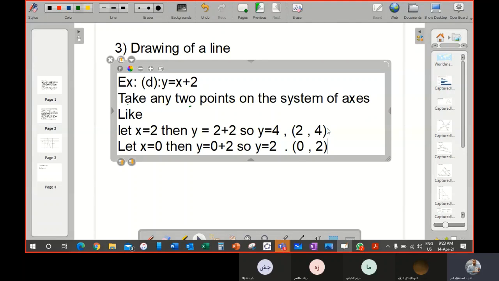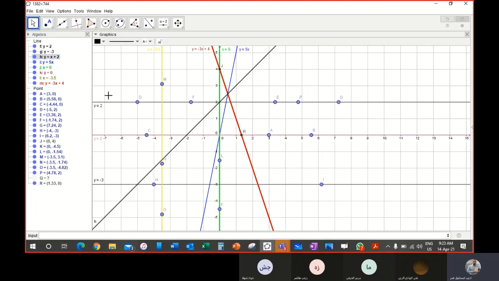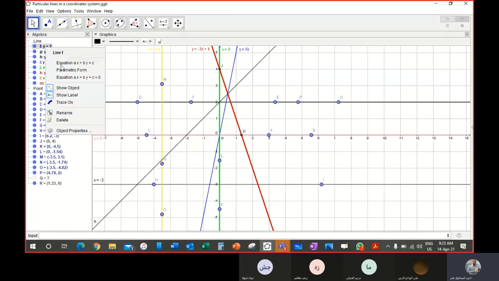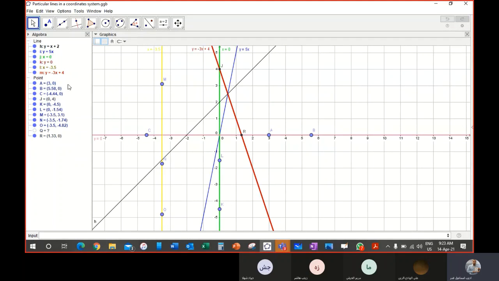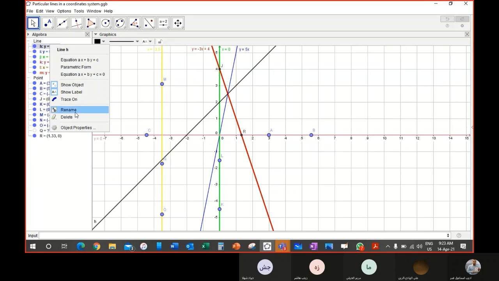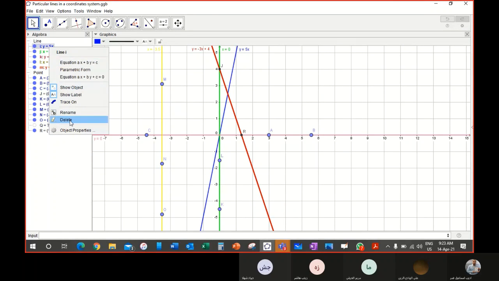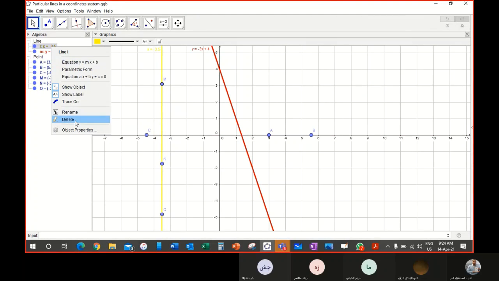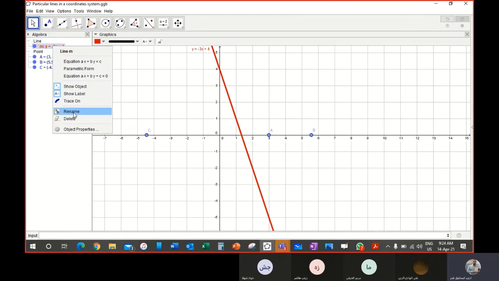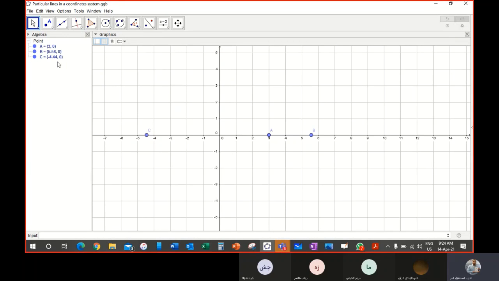We plot these 2 points on the system of axes. Let me delete some lines. Okay, and these points also we don't need them.